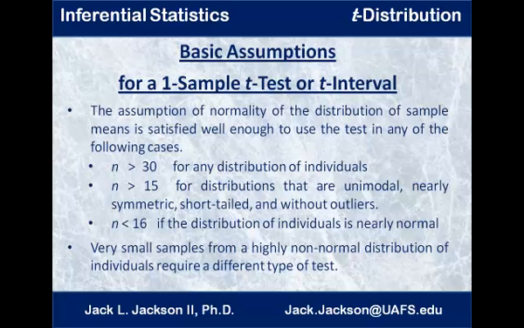Now, for that range of 15 to 30, as long as the distribution is fairly well behaved, that is, if it's unimodal, nearly symmetric, short-tailed, and without outliers, then that still is close enough to normal so that the distribution of sample means is close to normal.